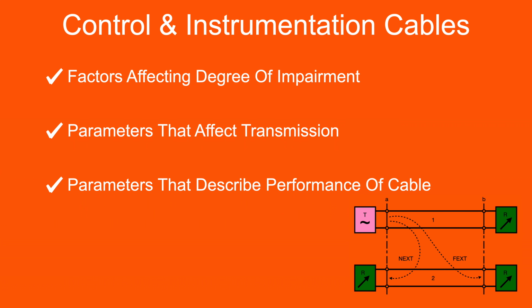Crosstalk occurring at the transmission end is called near end crosstalk, and at the receiving end is called far end crosstalk. The figure given on this slide shows near and far end crosstalk in a simplified way.